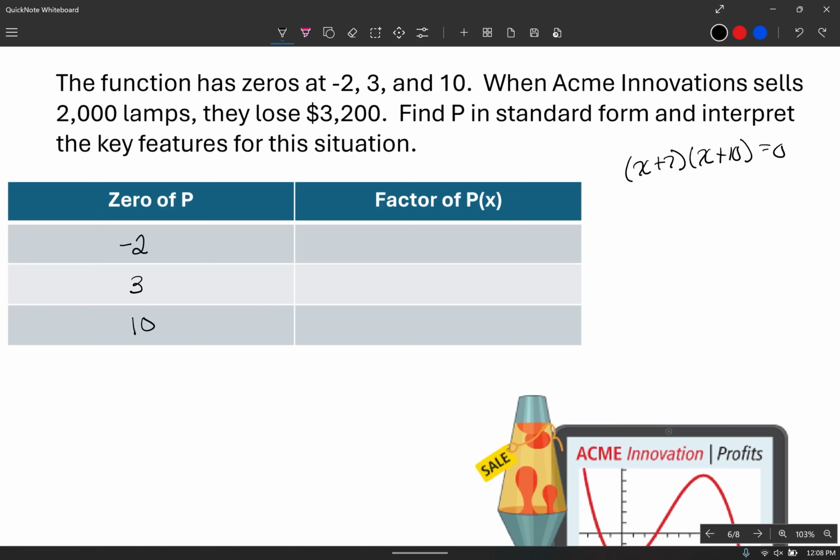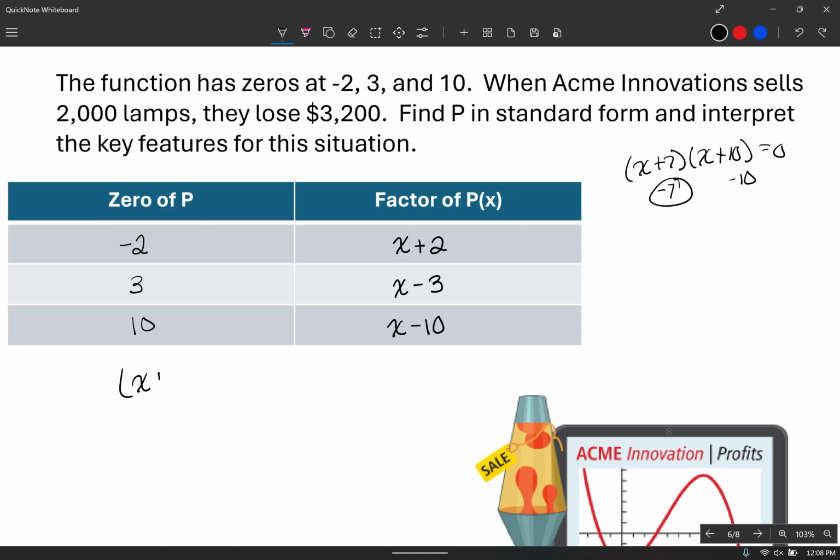You set the x plus 7 equal to 0 and the x plus 10 equals 0, and you end up with -7 and -10. So if -2 is what I got here, what was the factor? All you have to do is throw an x up there and change the sign. So this factor would have been x plus 2. This would have been x minus 3, and this would have been x minus 10.